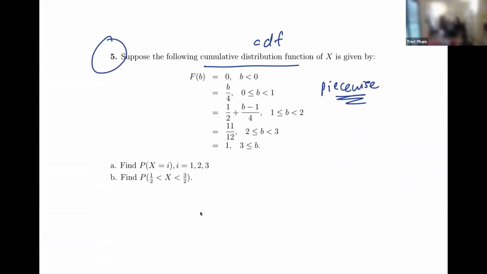Whatever it is, it can be described in any way you want. Now, the question is for you to figure out these probabilities from the CDF, so basically learning how to work with the CDF itself. Let's give that some time for you to take a look at and try to figure it out on your own.